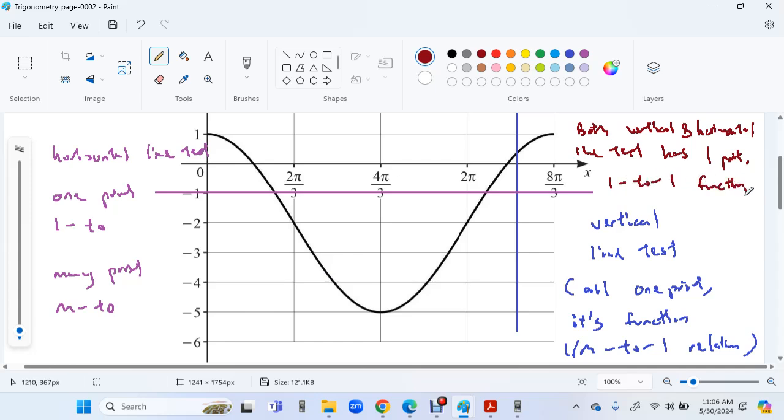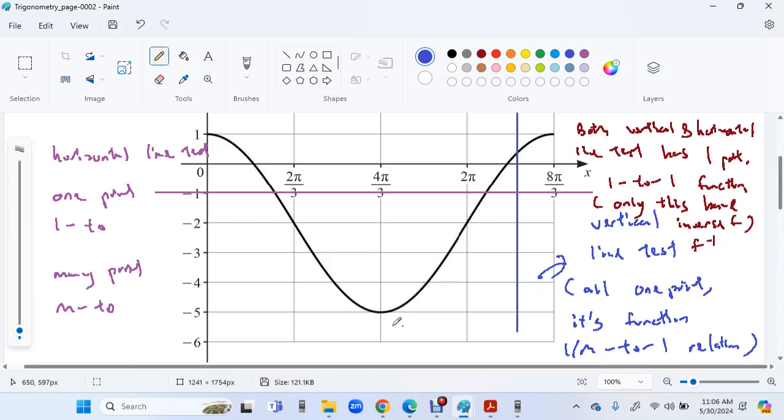And when it is a 1 to 1 function, then only this has an inverse function, the f inverse. Not a function, then no inverse for sure. Okay, so this one, if we have the vertical line test, all 1 point.